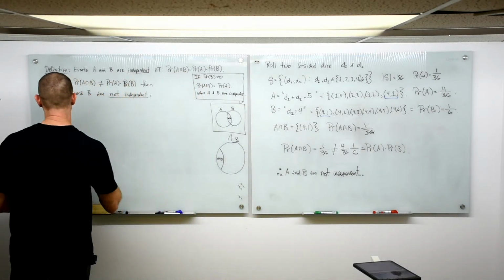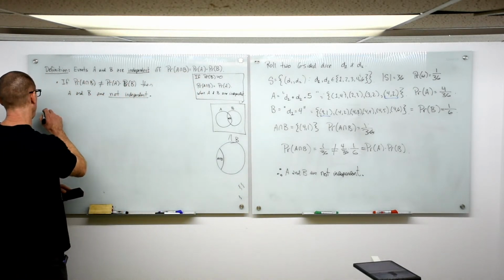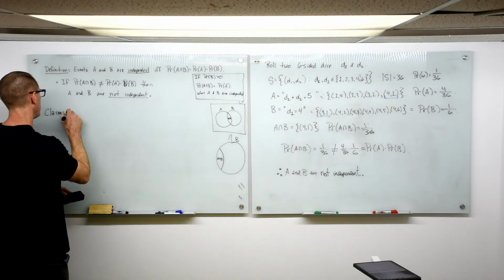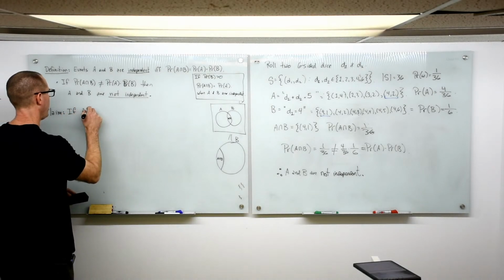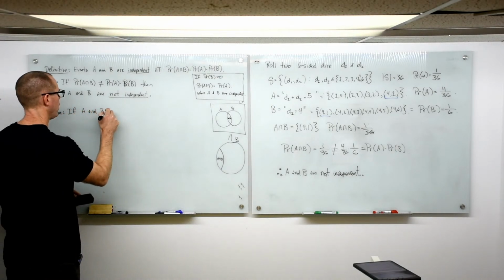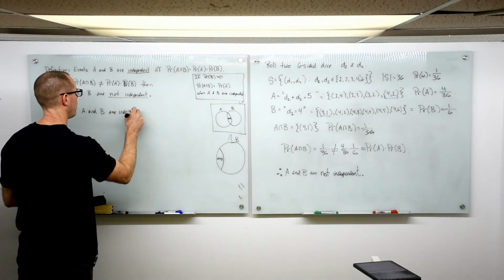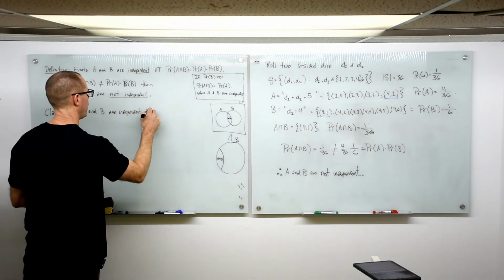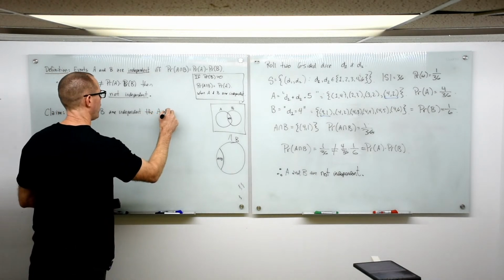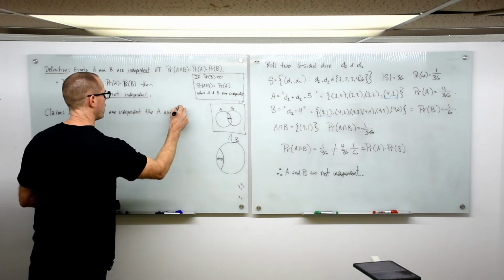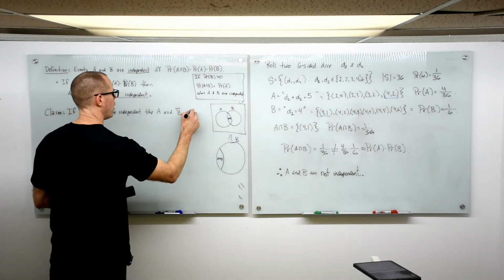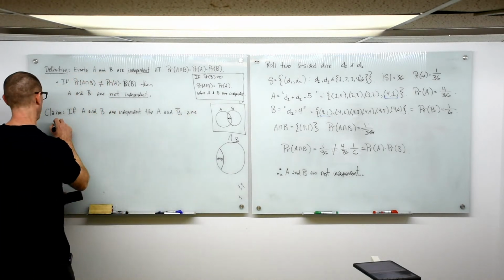So here's a claim: if A and B are independent, then A and not B, the complement of B, are independent.